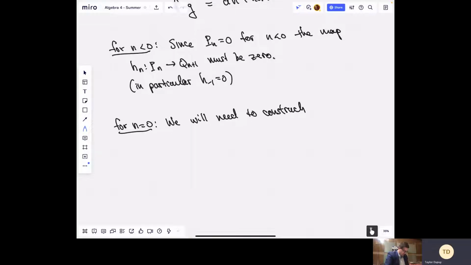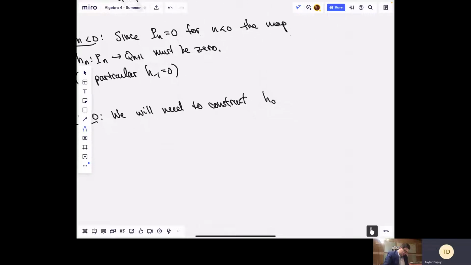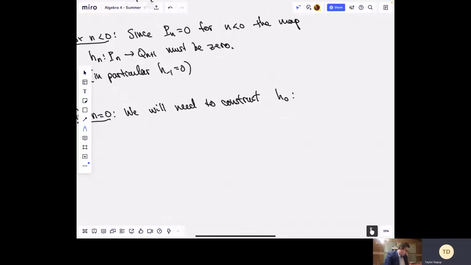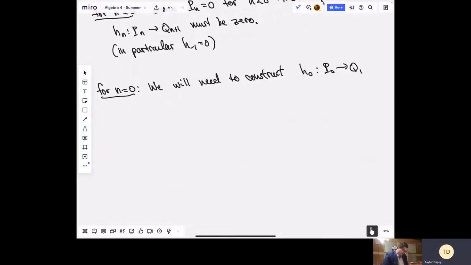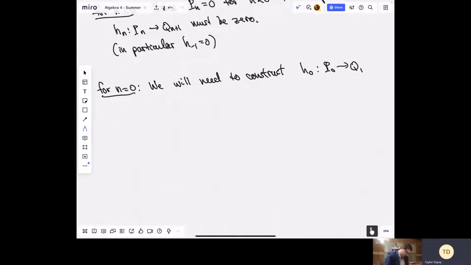We need to construct H0, which goes from P0 to Q1, and it fits into the diagram like so. So we have P0 and Q0, then F0 and G0.